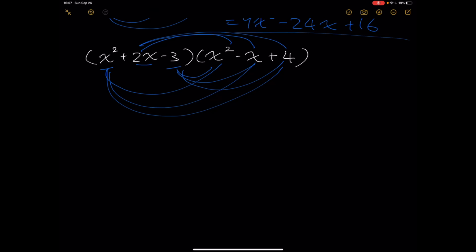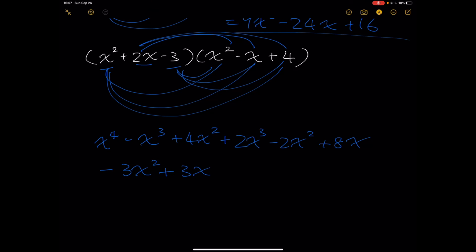So what we'll be left with is x to the power 4 minus x to the power 3 plus 4x squared plus 2x to the power 3 minus 2x to the power 2 plus 8x minus 3x squared, negative times negative become positive, 3x minus 12.